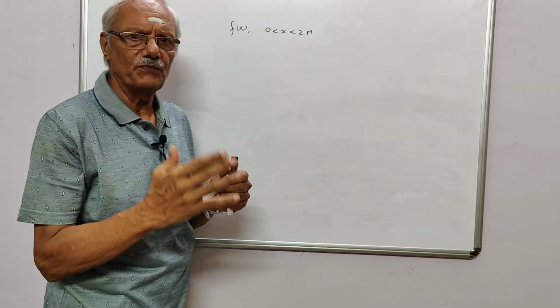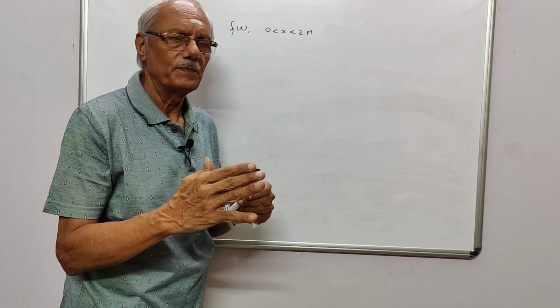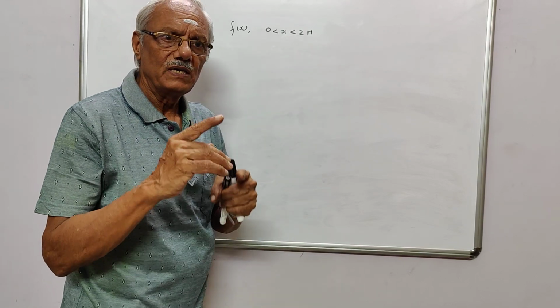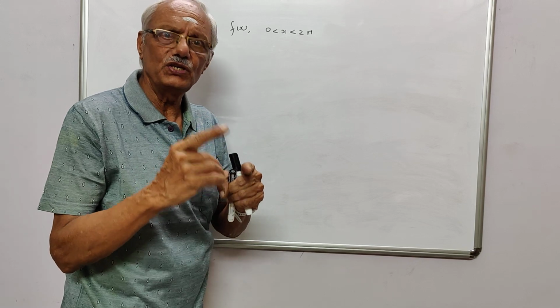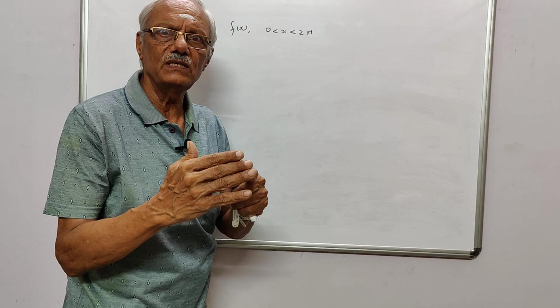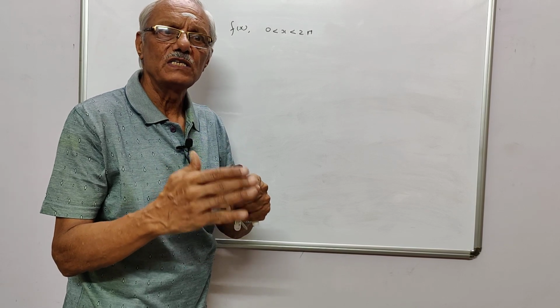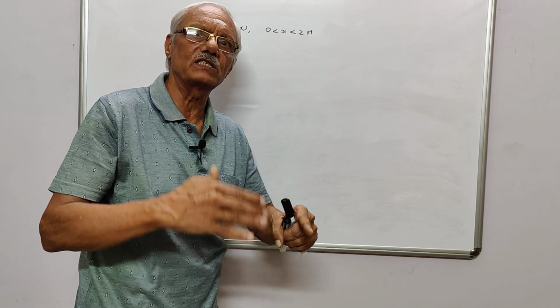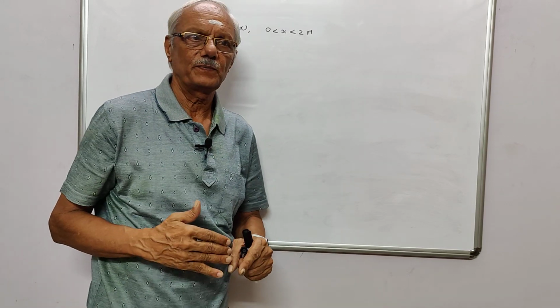Such a function f of x is any function given, and it is defined in the interval 0 to 2 pi. If such a function can be expressed as a series in terms of sine and cos, then such a series will be called a Fourier series.